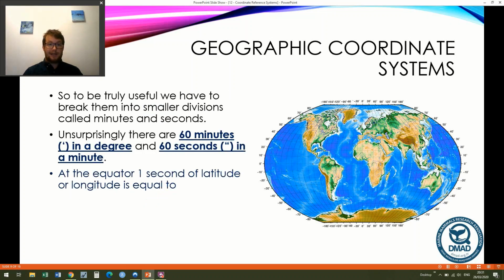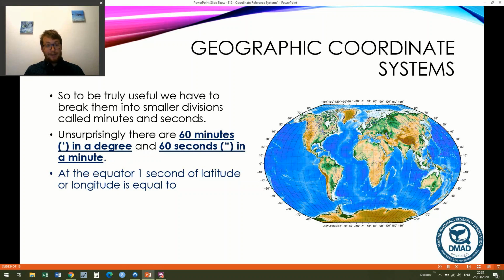In reality, if we want our coordinate system to be useful, we have to break these degrees into smaller divisions. We break them down into units called minutes, and break these minutes down into units called seconds. Rather unsurprisingly, just like time, we have 60 minutes in a degree, and 60 seconds in a minute.